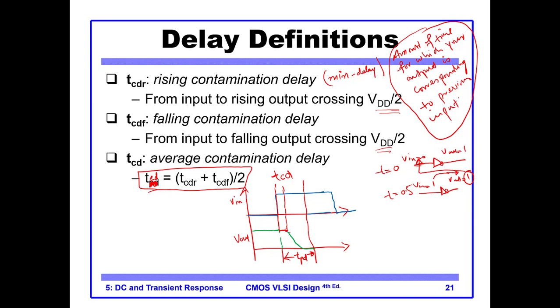And this from here to here is basically the RC discharge. So I can say that TPD is basically the contamination delay plus TRC. Okay, time for the capacitor to discharge.